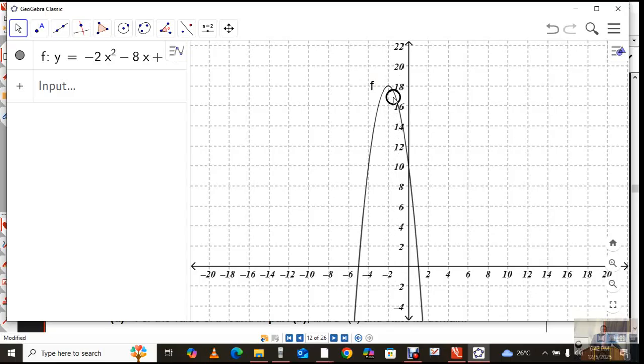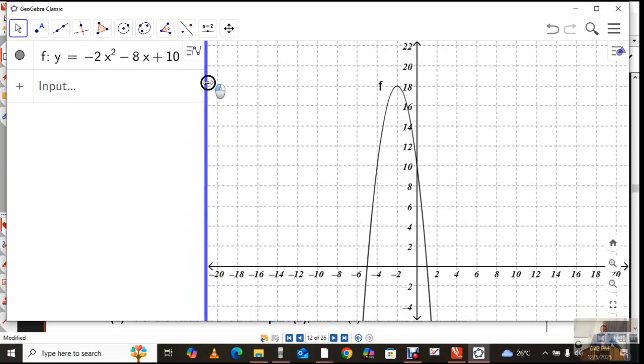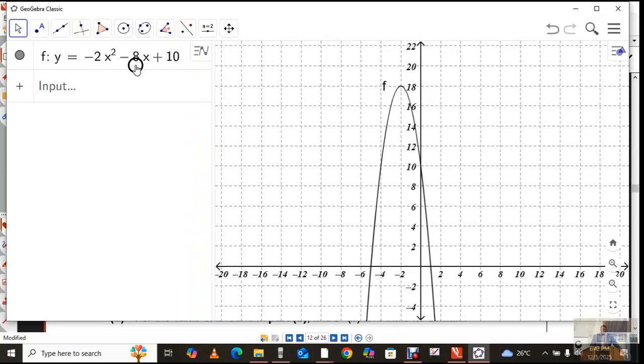The turning point is happening at -2. The graph is going to the left. Here's a thing you should know about this function. If the value of b here, it was minus 8x, so if that is negative, the function is going to the negative side. Can you see that?